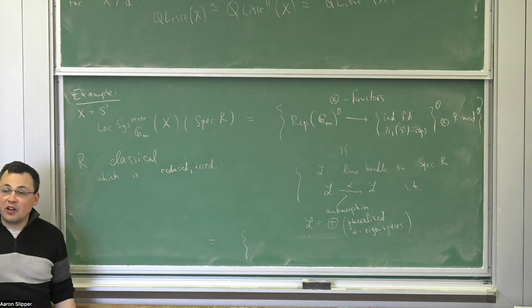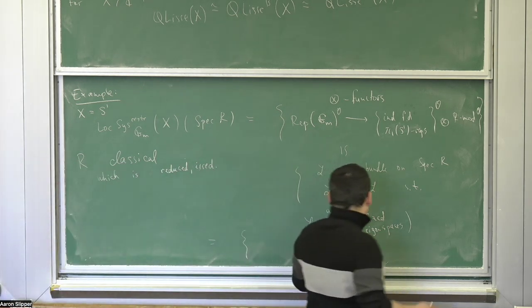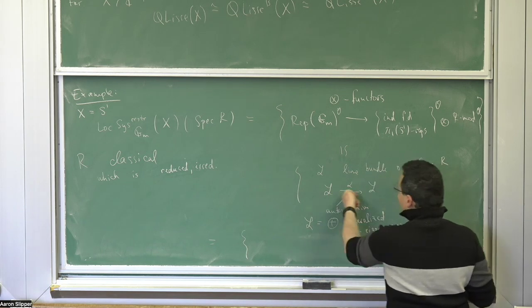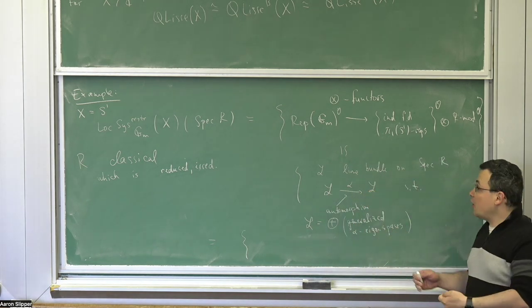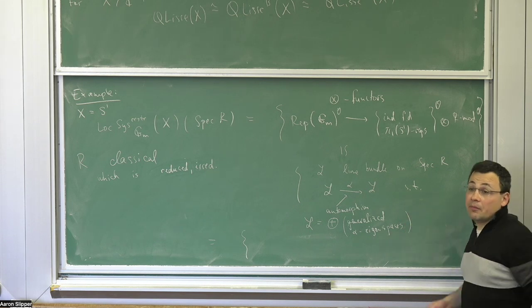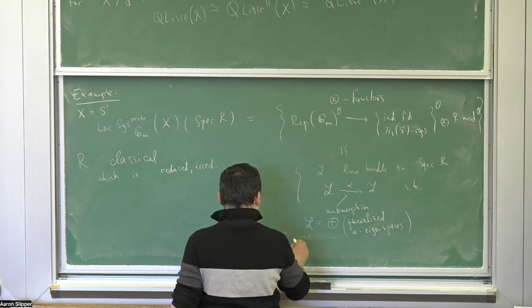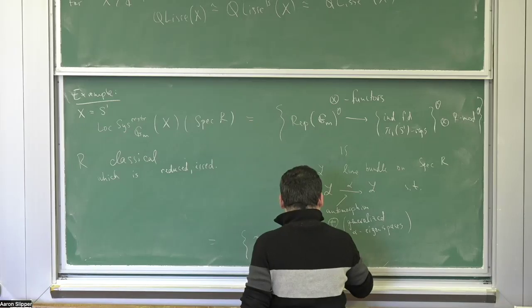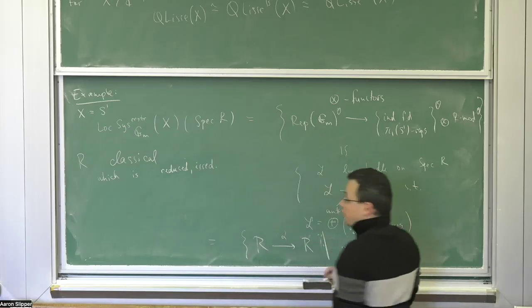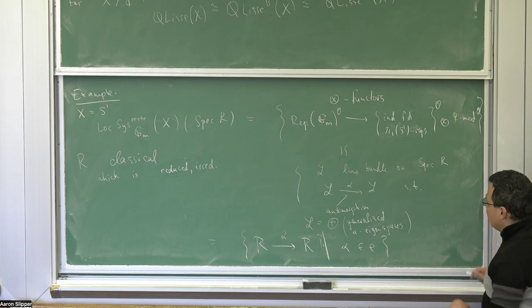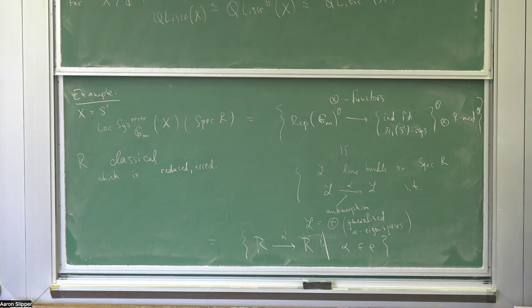So, a projective module of rank 1, and so L is the trivial R module, and alpha is just multiplication by some element of the ground field, alpha in E. This is up to the natural notion of equivalence. Does that make sense?